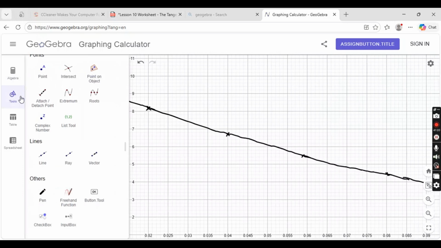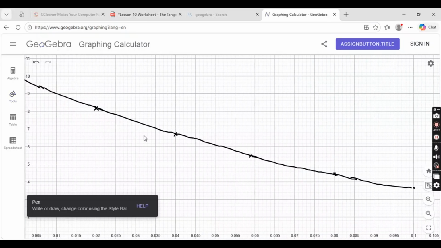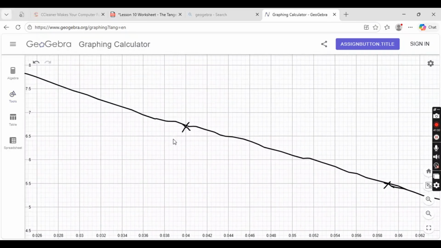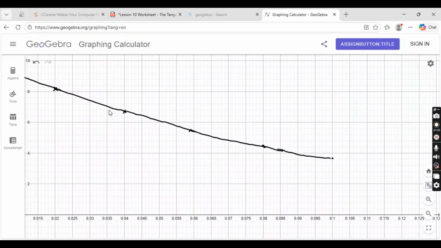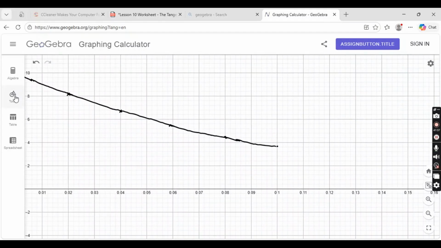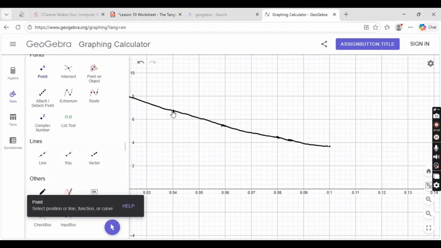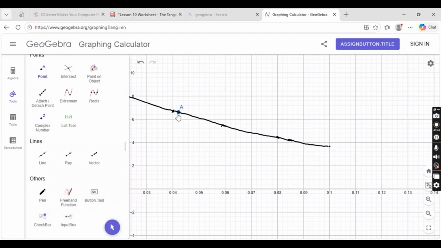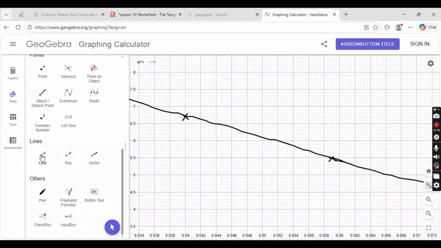Okay, let's try that. Tangent line. Hmm. Maybe I'll use points. Draw it. Oh yeah, use this.